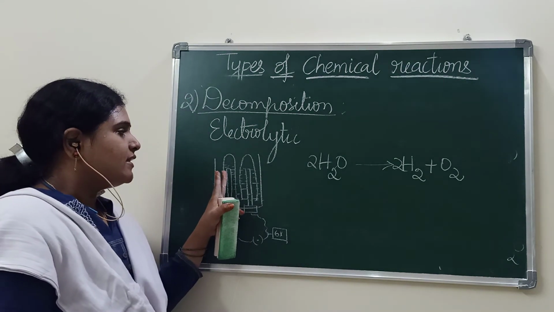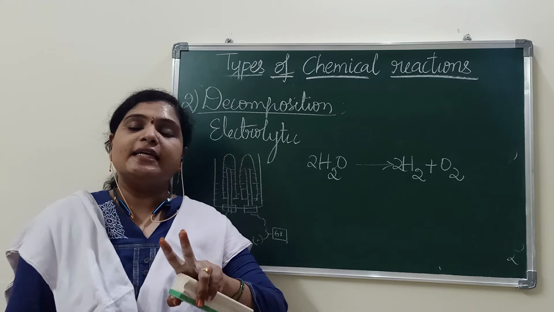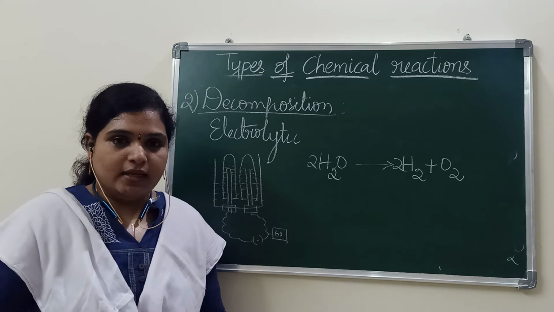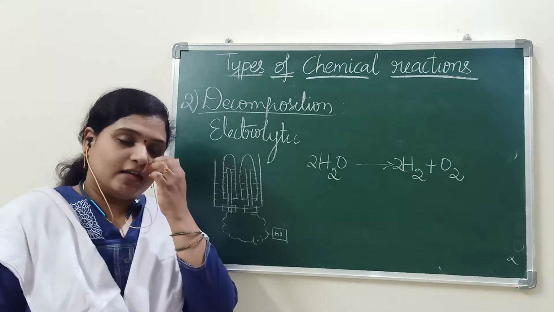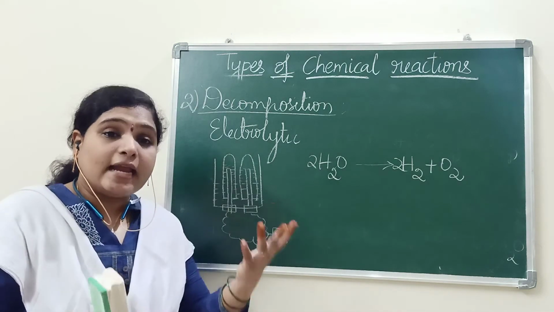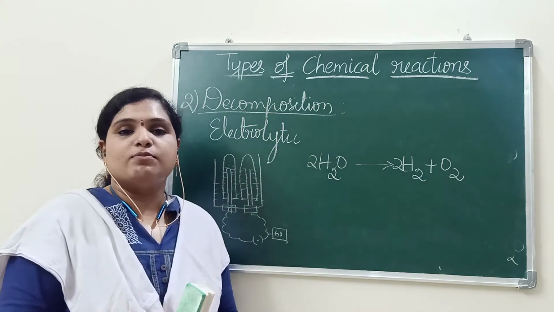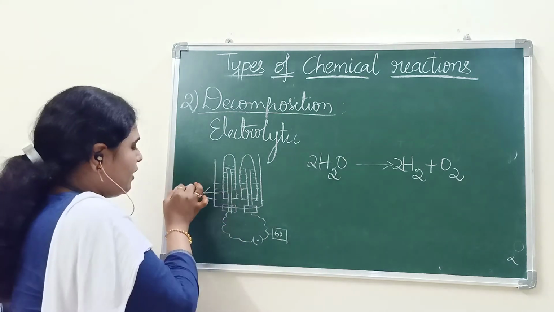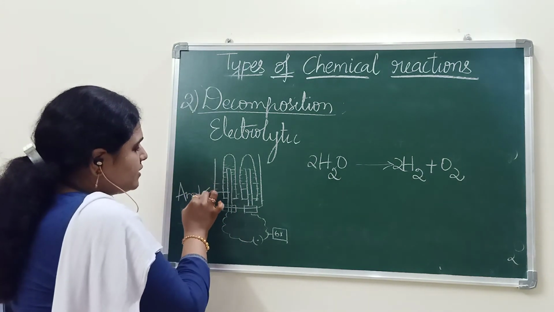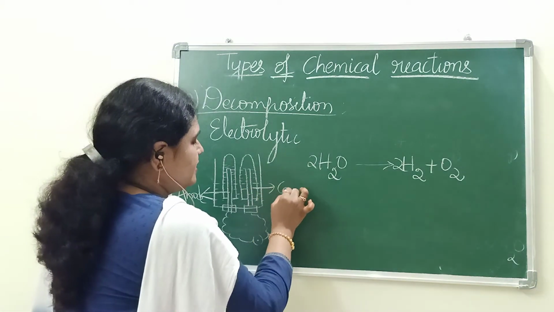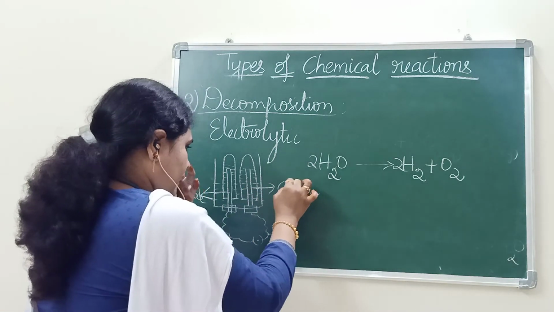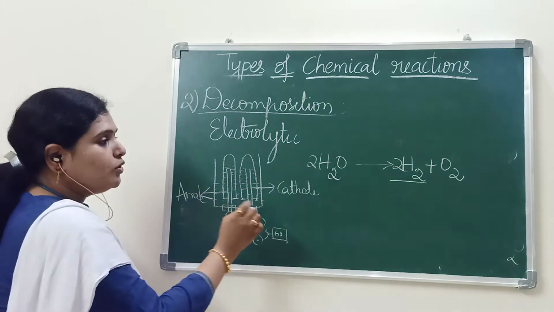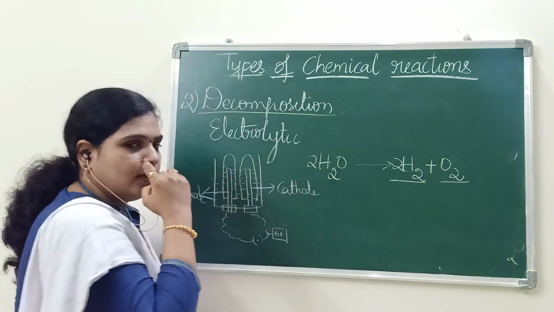And if we test the gas produced at the different electrodes, if we take out the test tube carefully and test what kind of gas it is, then we can observe that this is the anode, because it is attached to the positive terminal. This is the cathode, and at the cathode you can observe the presence of hydrogen, and at the anode you can observe the presence of oxygen.